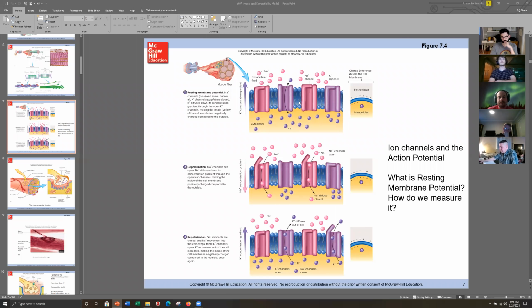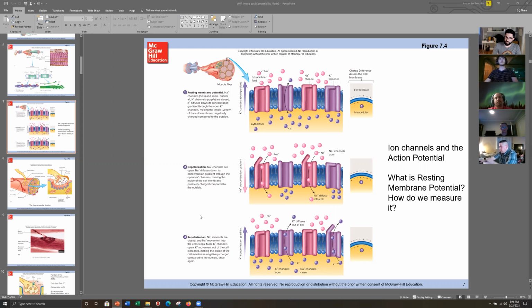So in general, this is another thing to recognize too. This idea of a resting membrane potential factors in two things. It factors in the chemical gradient, so the movement of ions down their own concentration gradients.